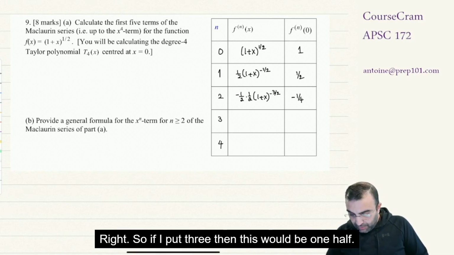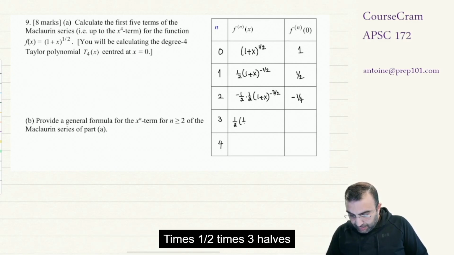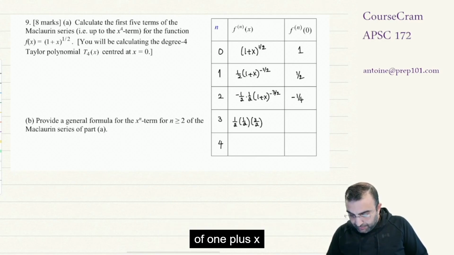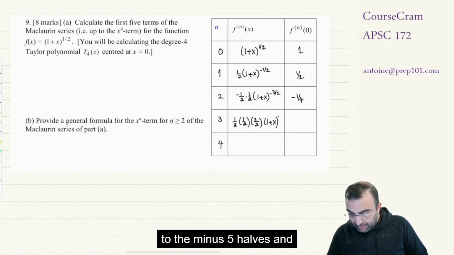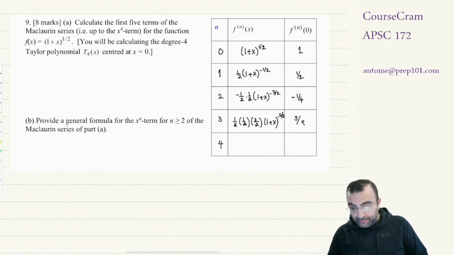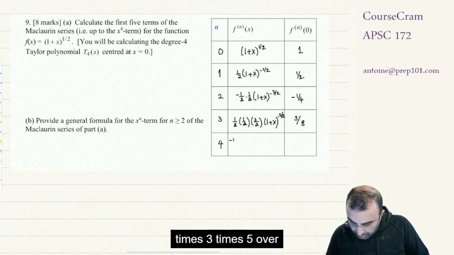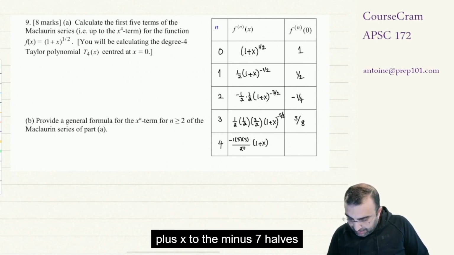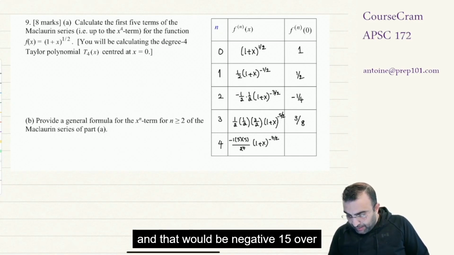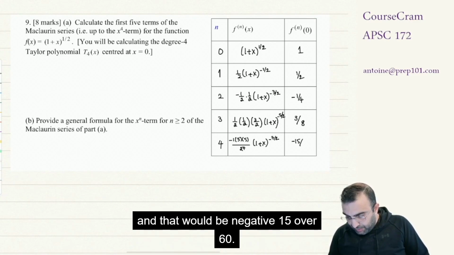So if I put 3, then this would be 1/2 times 1/2 times 3 halves of 1 plus x to the minus 5 halves, and then that would be 3 over 8. And this one would be minus 1 times 3 times 5 over 2 to the power 4, 1 plus x to the minus 7 halves, and that would be negative 15 over 16.